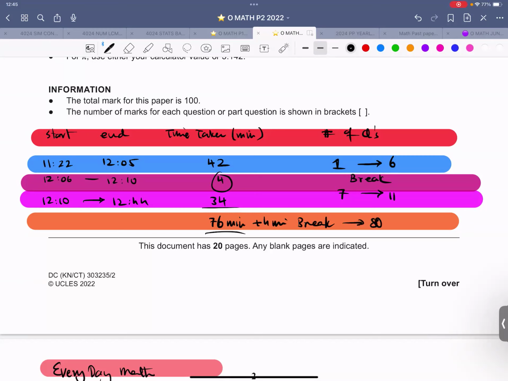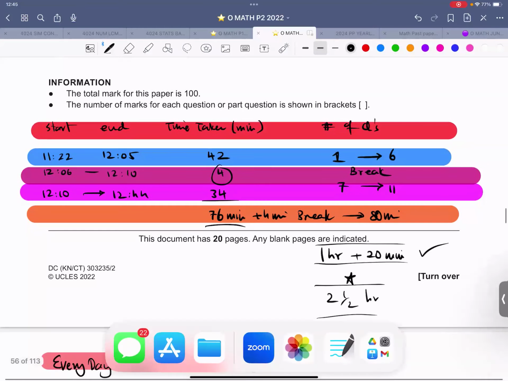That is 80 minutes, 1 hour and 20 minutes, which is too good for a 2.5-hour paper. This is the time allocated, and we finished well within it. So that completes today's session.